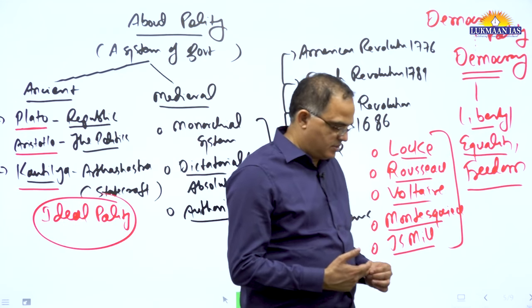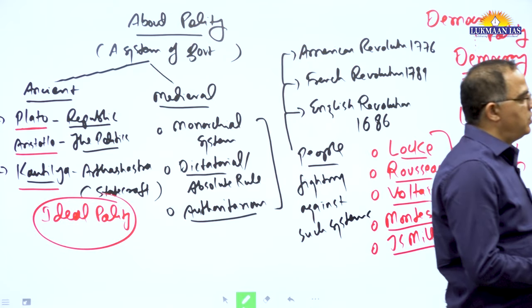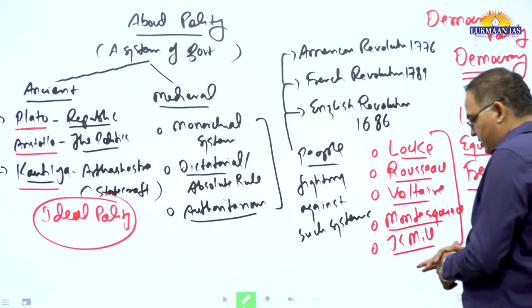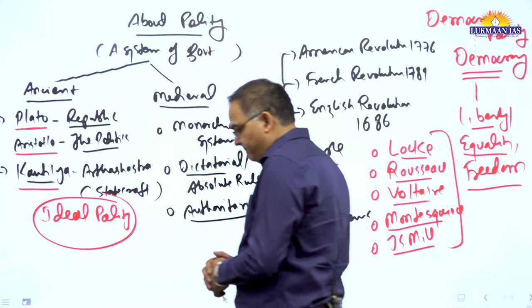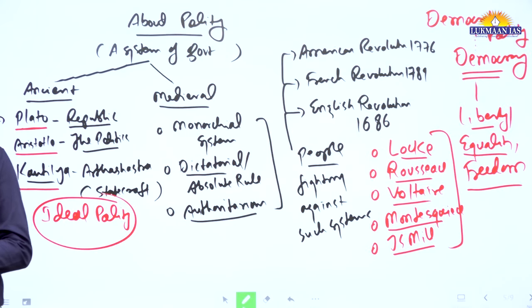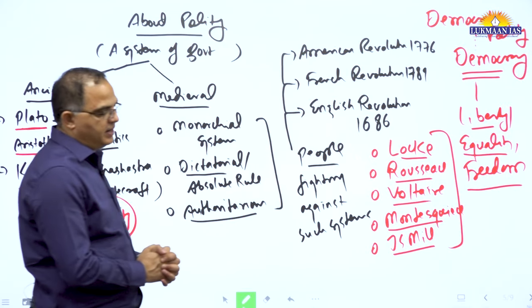Next, there should be rule of law. Next, people should have greater say in democratic polity.